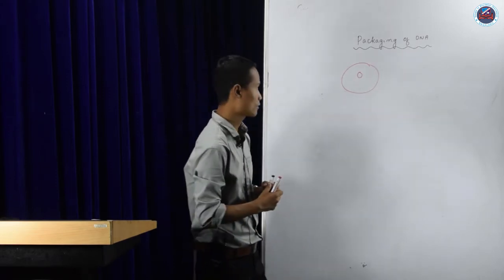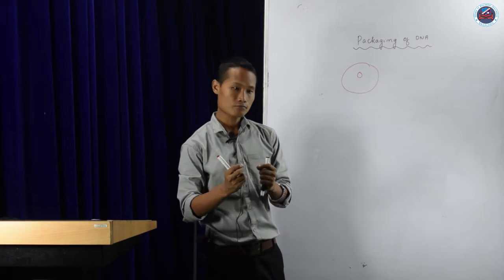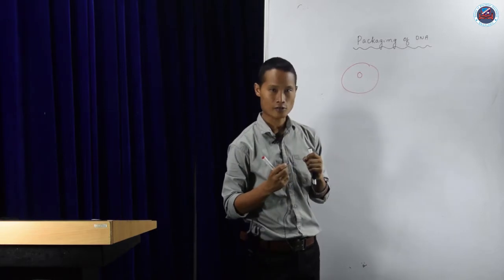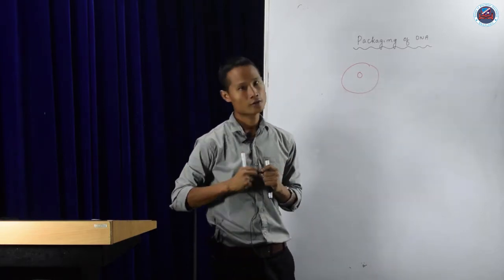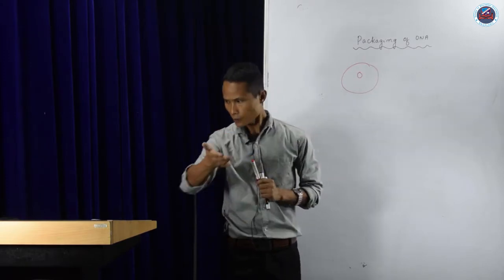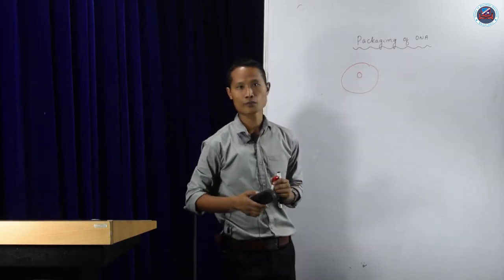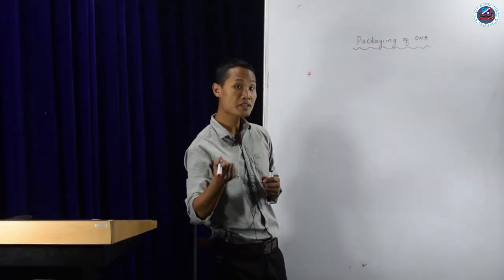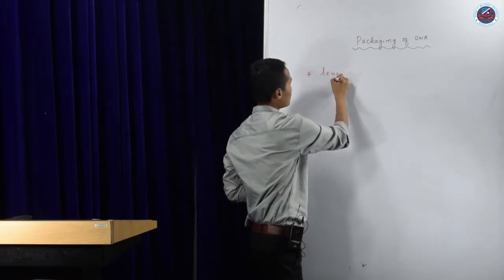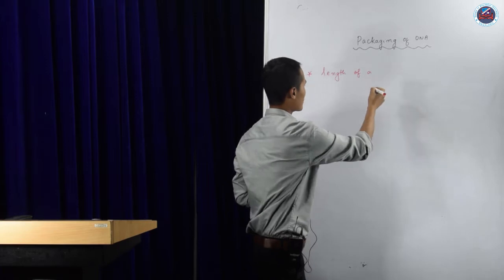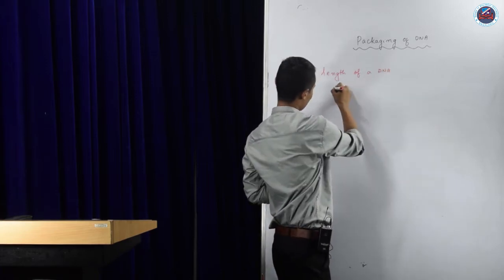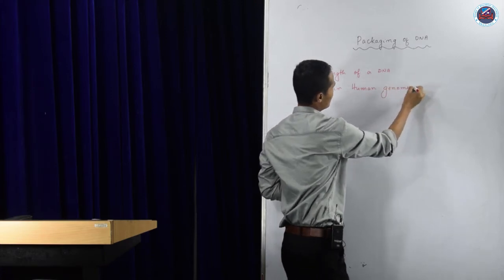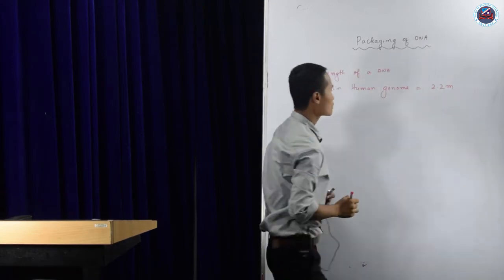nucleus of the cell. As you know, prokaryotes don't have a well-defined nucleus, whereas eukaryotes have a well-defined nucleus. We'll discuss later the detailed difference between prokaryotes and eukaryotes based on their packaging of DNA. The length of the DNA in the human genome is 2.2 meters.